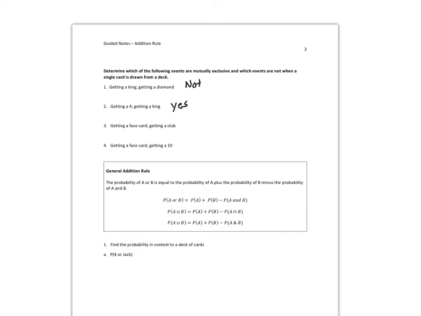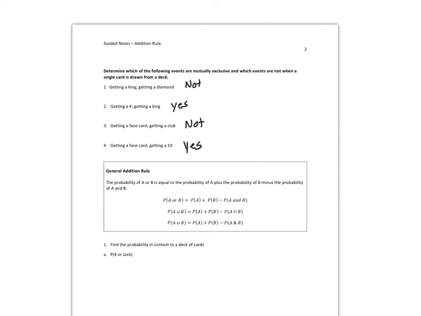So are those mutually exclusive? You could pull out a jack or a queen or king of clubs. So these are not mutually exclusive. Those could happen at the same time. Getting a face card, king, queen, jack, or getting a 10. That couldn't happen at the same time. So yes, those are mutually exclusive.